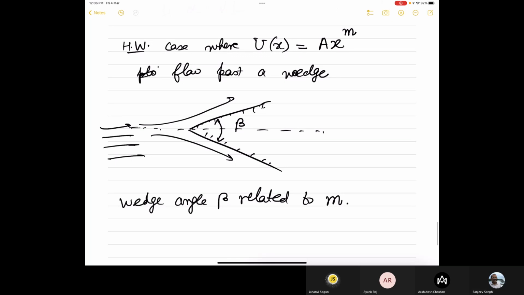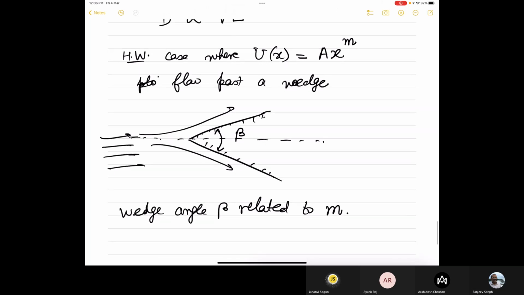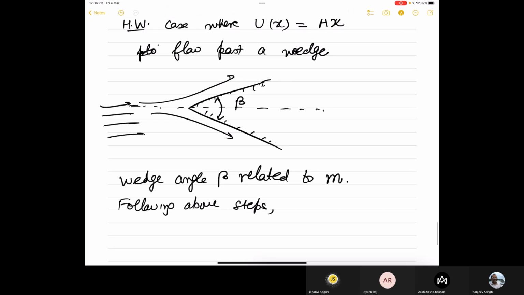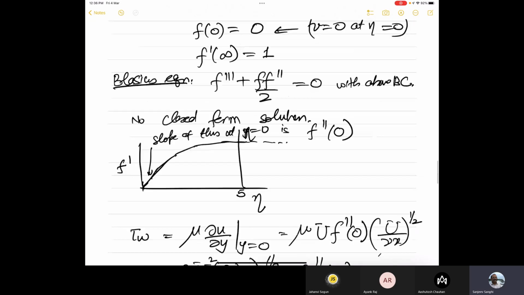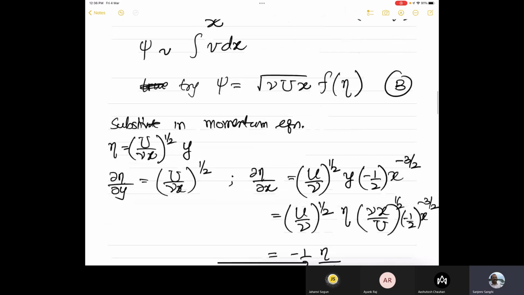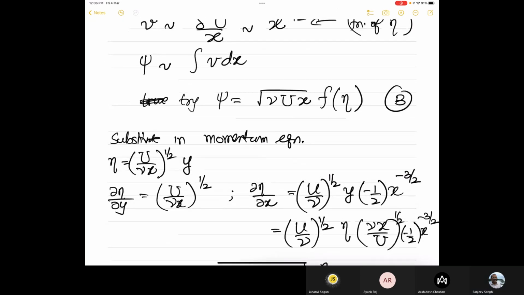And here, following the above steps, you keep capital U as ax to the power of m. Now, even when you non-dimensionalize, this u will become x to the power of m.